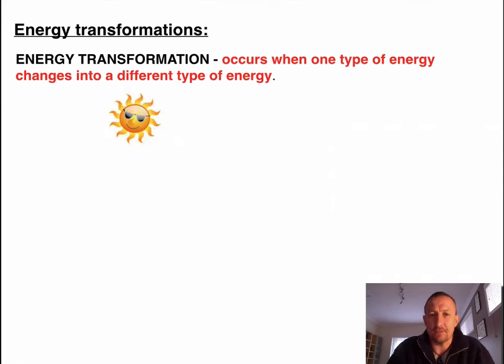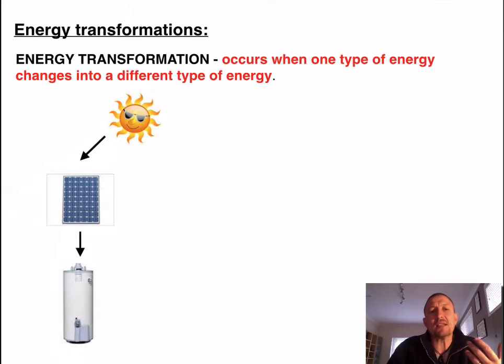Here we've got the sun. Now the sun basically can be trapped using solar panels, and we use this a lot in Australia because we've got a lot of sun. Now basically what happens is the sun is nuclear energy, as we know. It also generates heat. So there's a variety of different transfers that we can have.